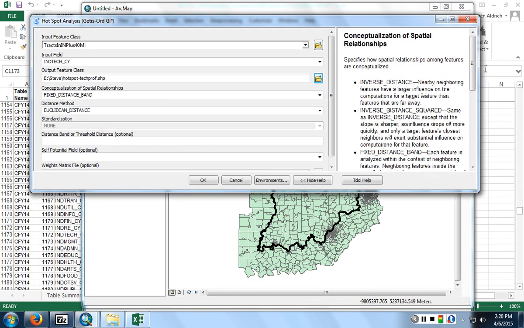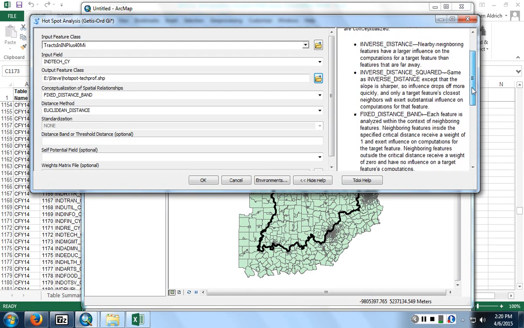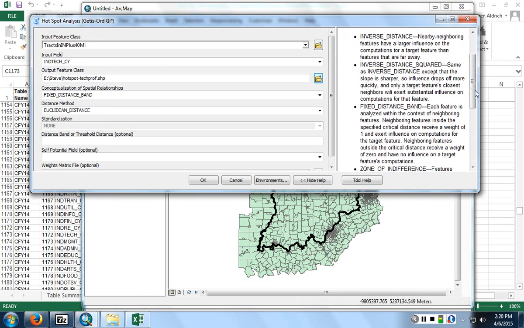So let's read up on the methods that are available to us. The first one is inverse distance. Basically it says nearby neighboring features have a larger influence on the computations for a target feature than features that are far away, right? Farther features not being included so much is a good thing if your concept of spatial relationships is completely dominated by spatial autocorrelation, the idea that close things are more related to each other.